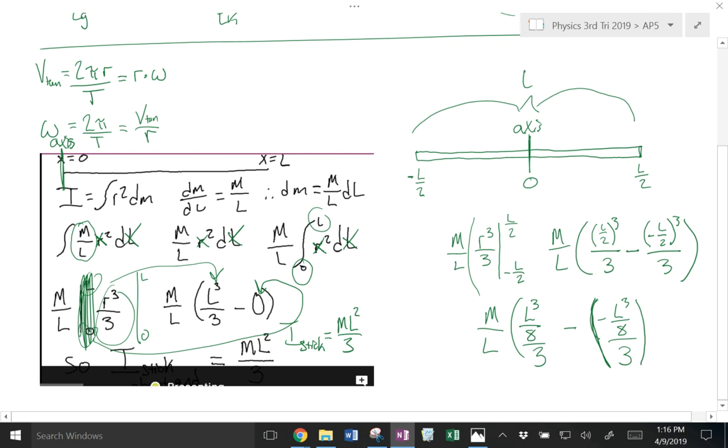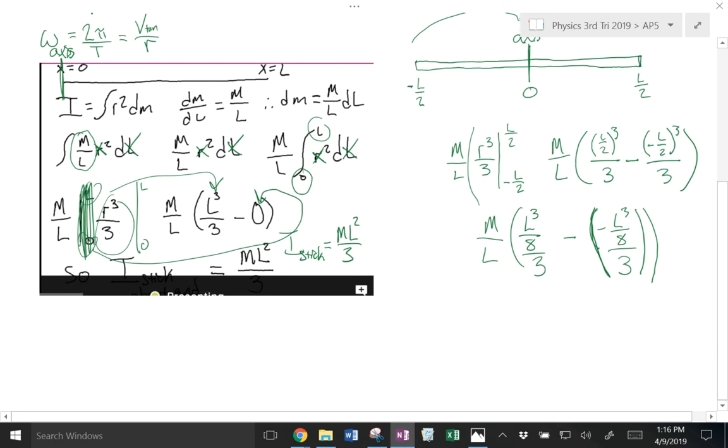Dividing by 8 and then dividing by 3 is the same as dividing by 24. So M over L, L cubed over 24 minus negative L cubed over 24.